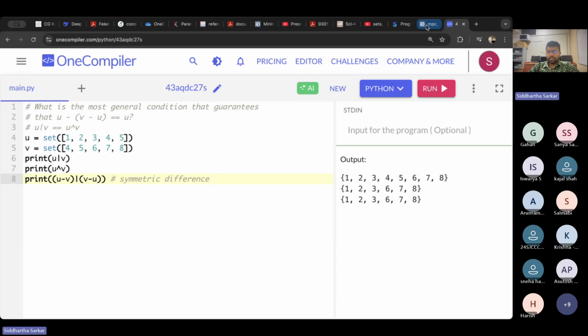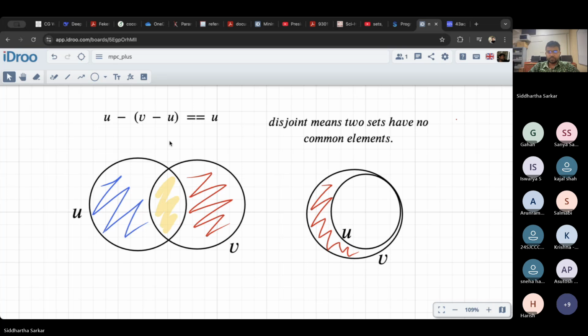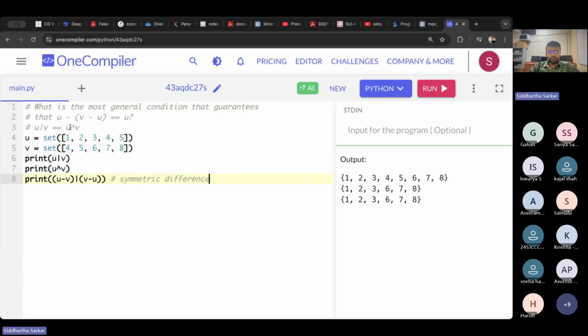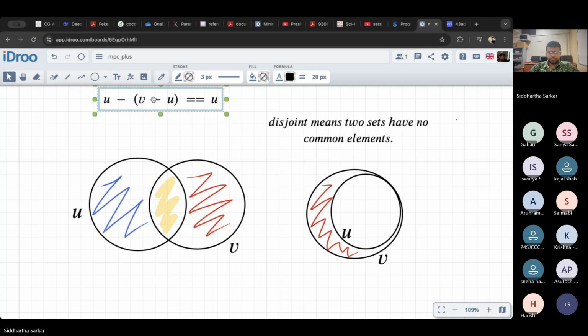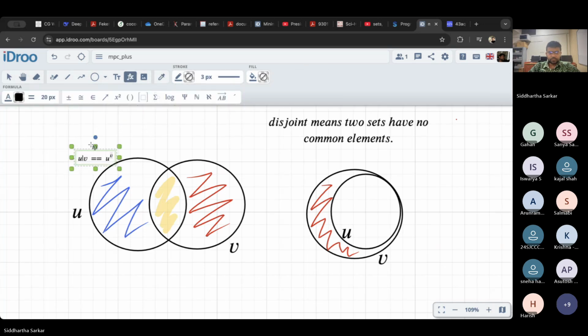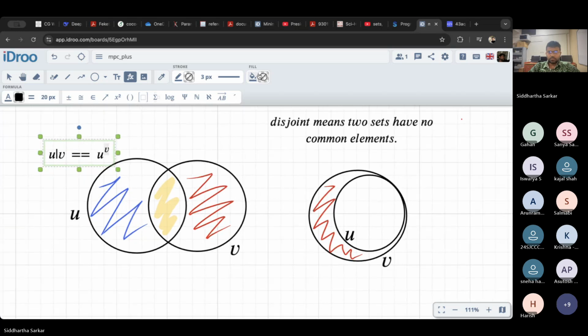So diagrammatically, if you want to see, I'll just copy it once again. So these two things we are going to see. Oops, what happened?